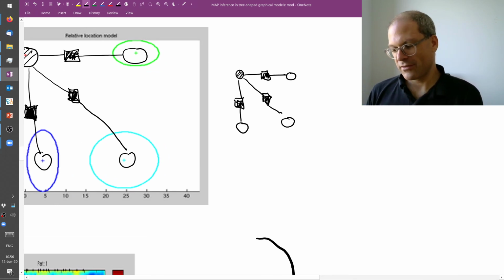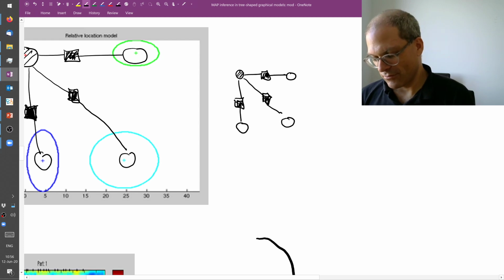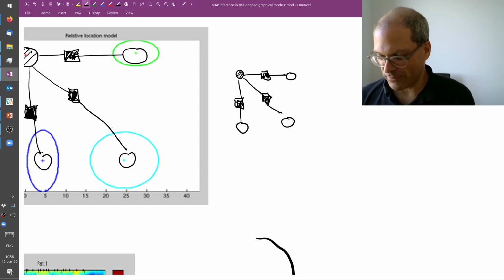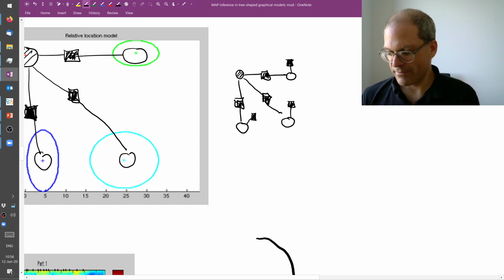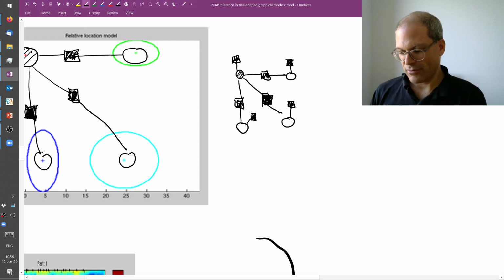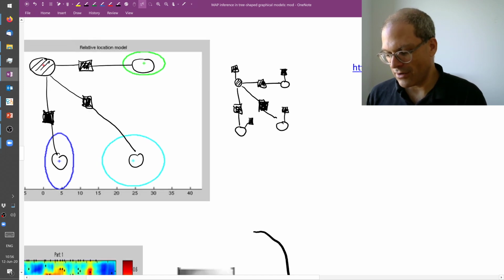So I'm going to fix this node at one out of several possible locations. And then I need a unary that tells me how probable it is at that particular image patch to see an eye, or a corner of a mouth, or the other corner of a mouth. Those are the unary terms. And then I have these pairwise terms that tell me if the relative distance or the relative location looks okay or not.